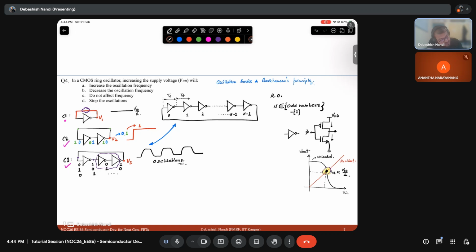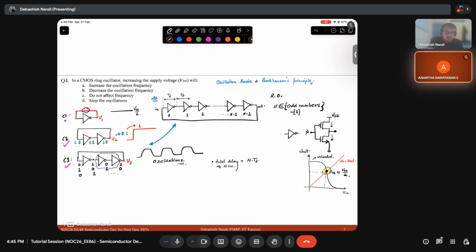So what is the total delay of n inverters from input to output? N times TD, right?